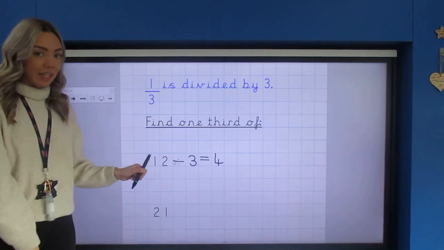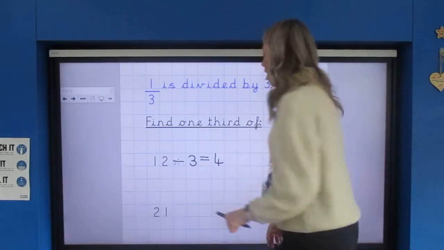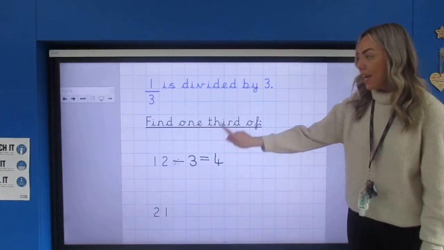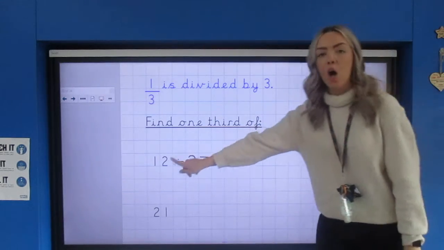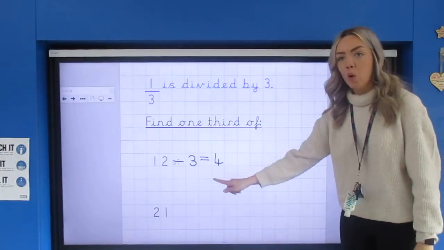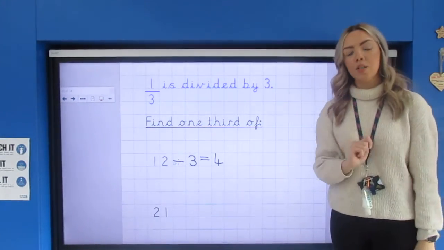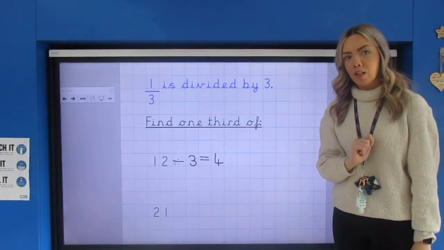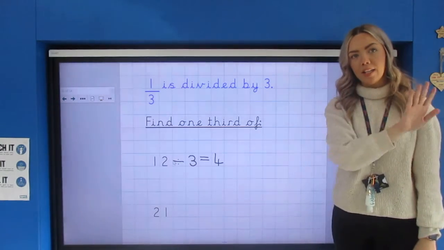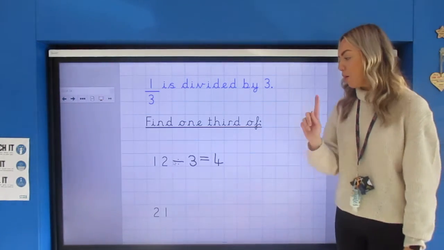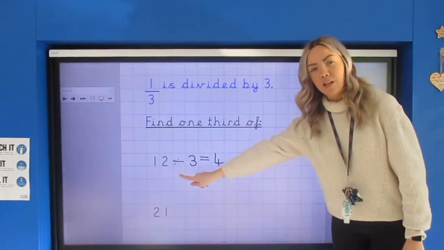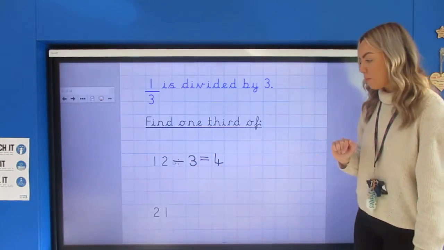So that then means, year 1, that 4 is 1/3 of 12 because 4 is 1 part, okay? So if we had 4 in each part and we had 3 of those groups, we would get to 12, okay?